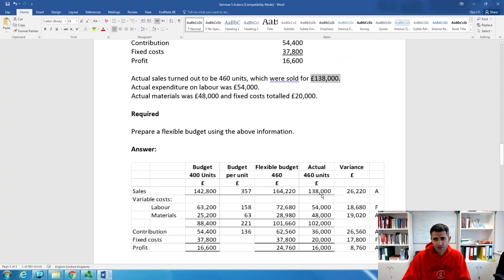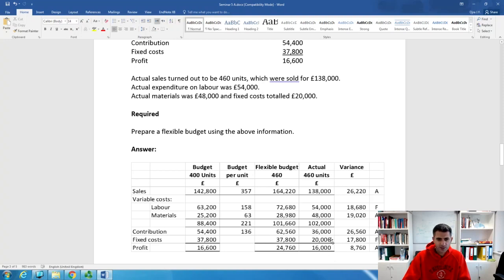We have labor 54,000, again that's labor, material 48,000. So if you add them together, that's total variable cost of 102,000, and we have of course the fixed cost 20,000 here.